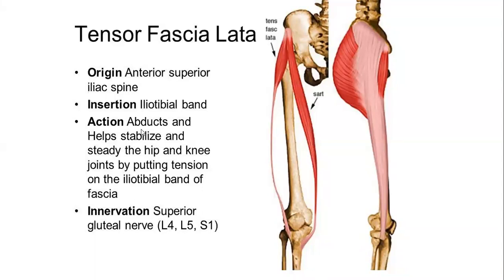It is basically an abductor of the thigh, and since it is through the iliotibial tract getting inserted at or near the knee joint, it is going to help stabilize the hip as well as knee joints with the help of the iliotibial tract. I hope this is clear to everybody.